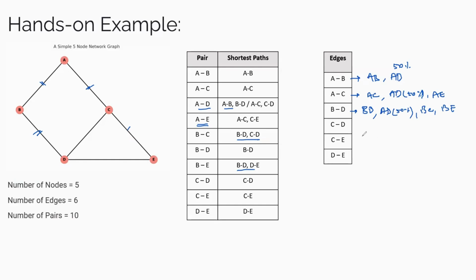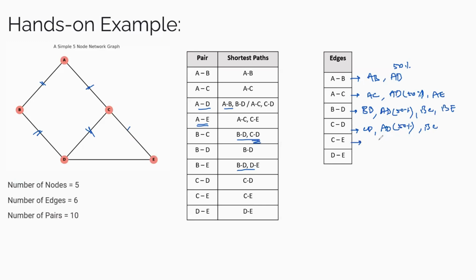Now moving on to CD, we have CD, this one, but we also have AD, which is 50%. Do I see it in any other path? CD is in BC also. BCD. Right? Here you can see.